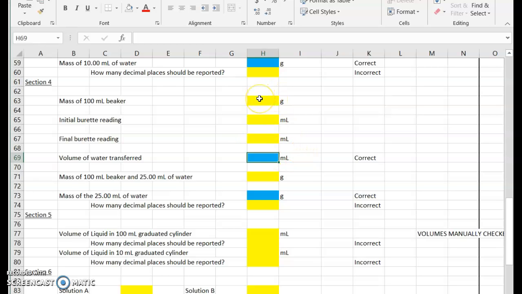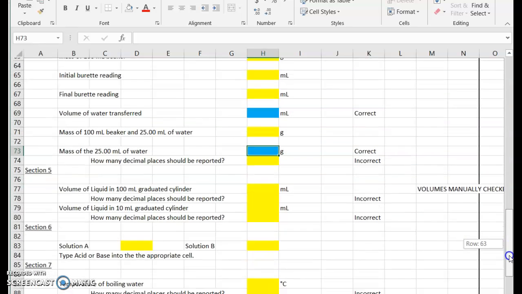You are going to include the mass of the empty beaker before you put any water into it, and the mass of that beaker after you've added approximately 25 milliliters of water. So you can find, using a formula, the mass of your 25 milliliters of water. And again, if they are not marked correct after you do your calculation, think about maybe where the errors could be.